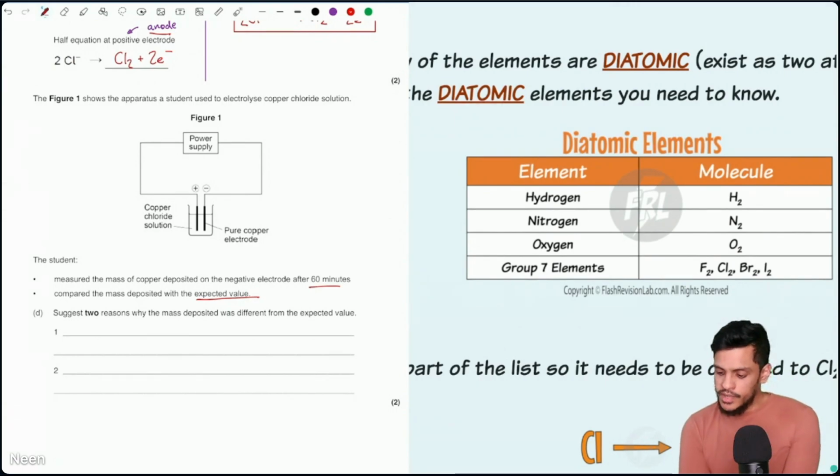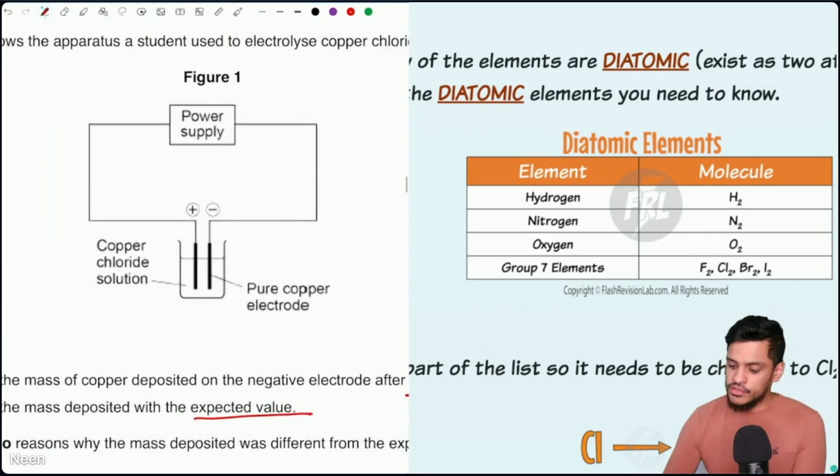So, 2 reasons why the mass deposited was different from the expected value. Basically you're carrying out electrolysis and you're expecting a certain mass, but then when you actually weigh these electrodes, the mass increases when electrolysis occurs because copper is building up.